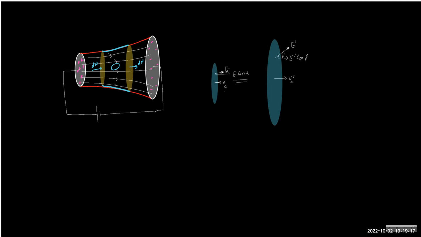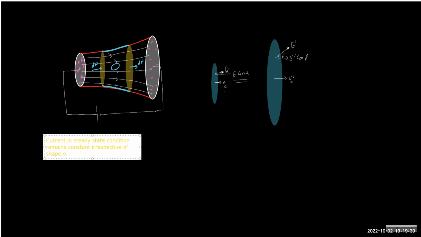So I'll put this as the takeaway point. Current in steady state condition remains the same or remains constant irrespective of shape of conductor.